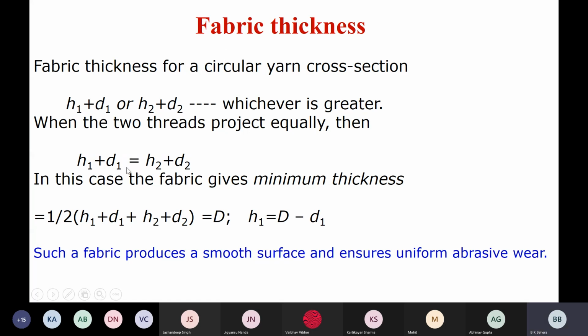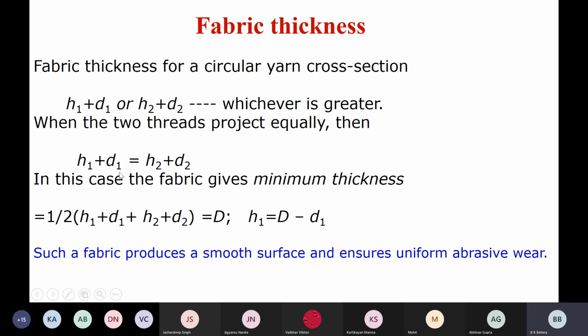So crimp amplitude will be different. That's why, to find the fabric thickness, we find H1 plus D1 and H2 plus D2 separately, then we see which one is larger. We consider that greater value as the fabric thickness.